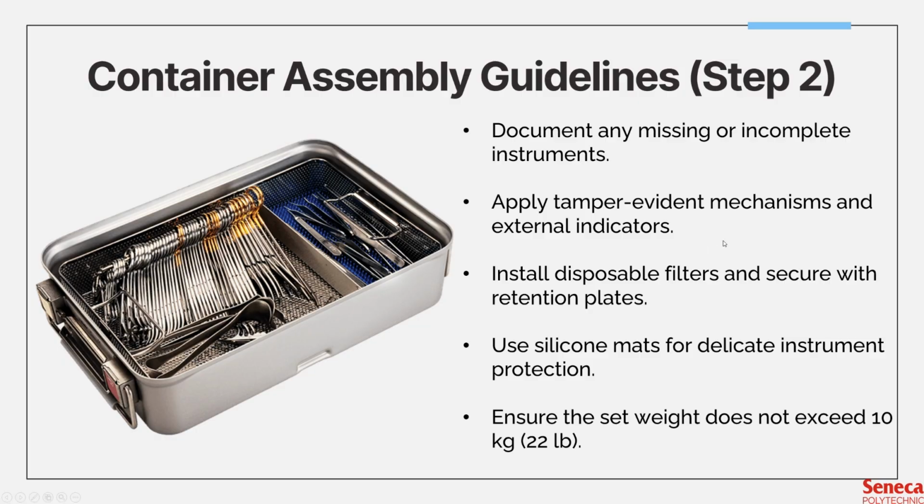And like I said before, some tamper evidence seals actually have their own external chemical indicator to show exposure to the sterilant. Of course, you have to install disposable filters and secure them firmly with the retention plates. You have to place silicone mats under delicate instruments to prevent movement or vibration damage during transport or even sterile storage.